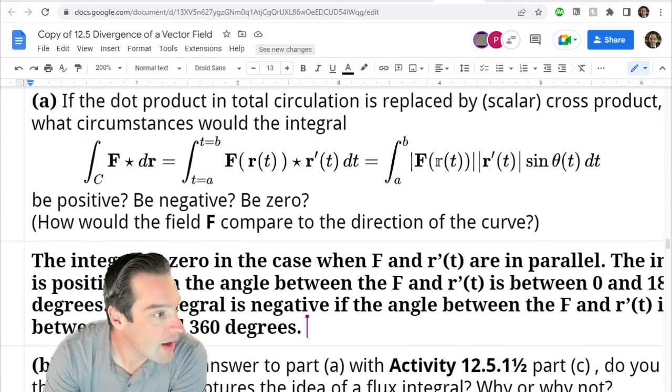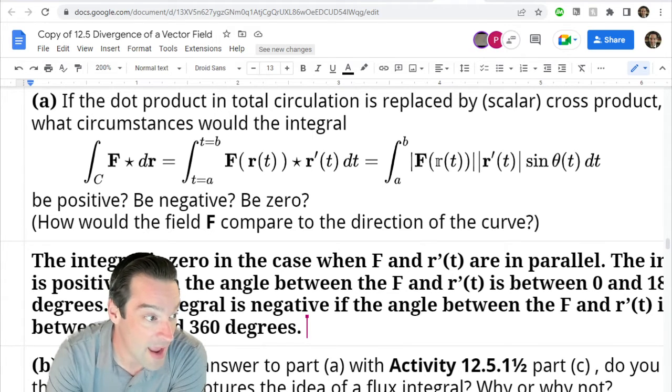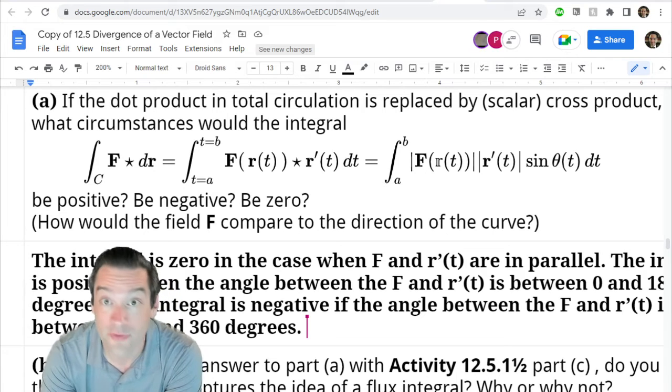So far, we sort of agree that the scalar cross product of the vector field with the velocity vector for my parametrized curve is just going to give me the product of the magnitudes of the field and the velocity vector multiplied by the sine of the angle that the vector field makes with our velocity vector.